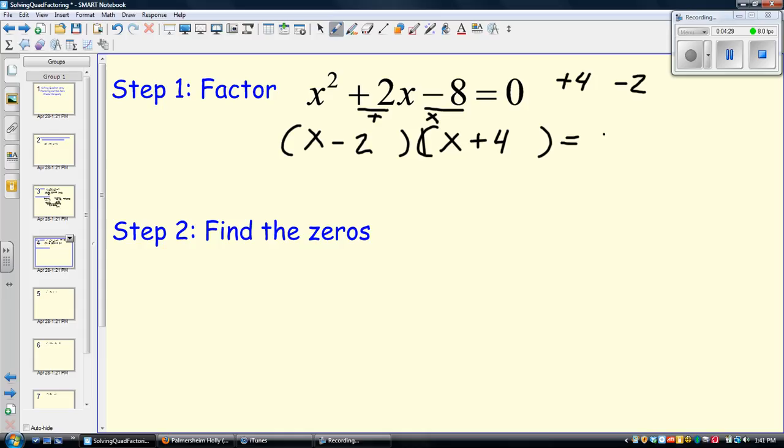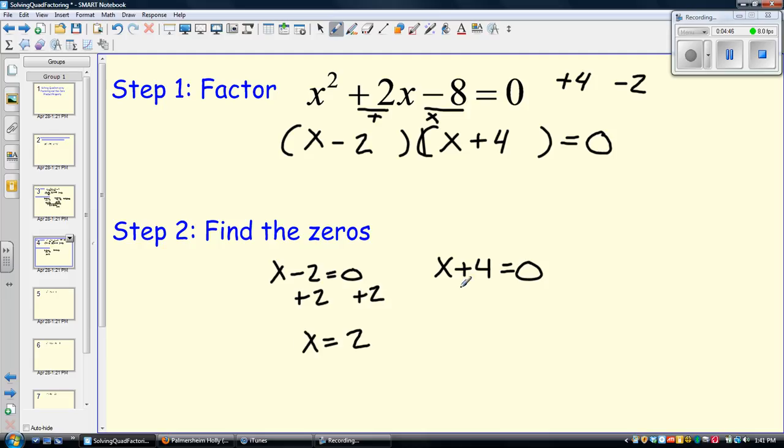So there's our factoring. So then again, we come down and we say, okay, well, x minus 2 needs to equal 0, and x plus 4 needs to equal 0. So x equals 2, and x equals negative 4.